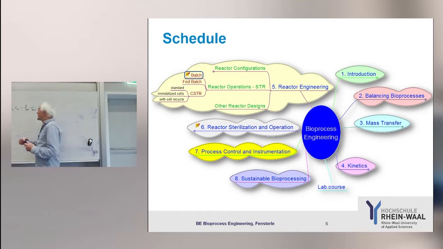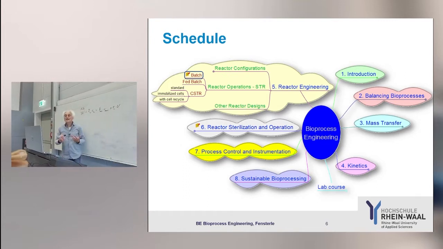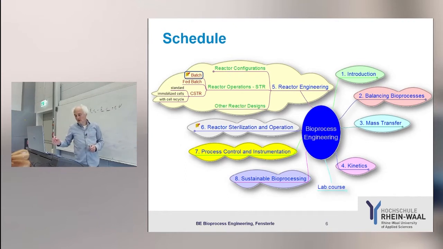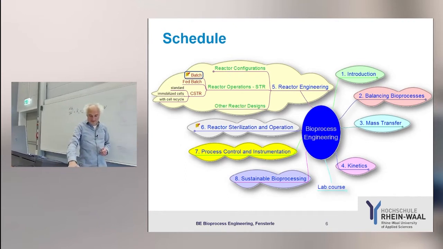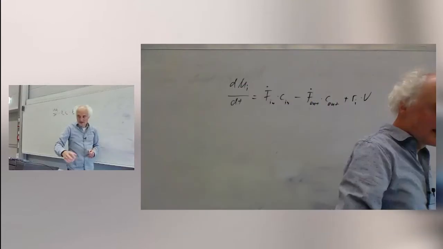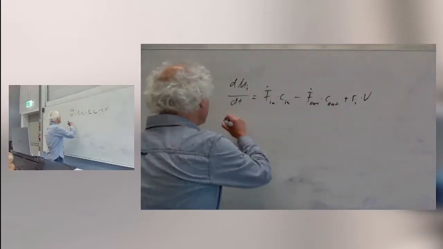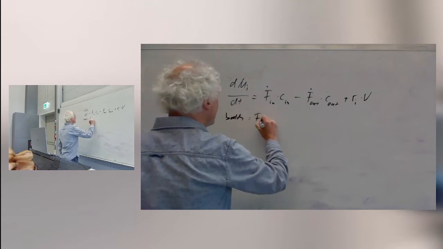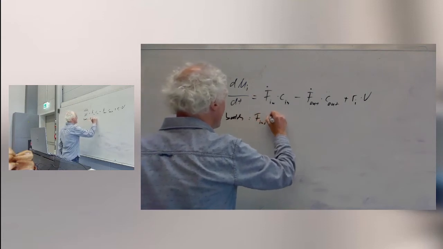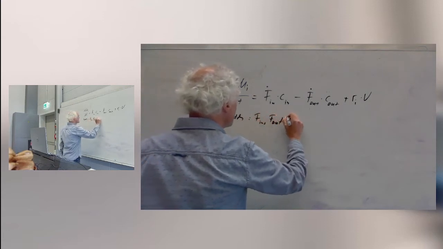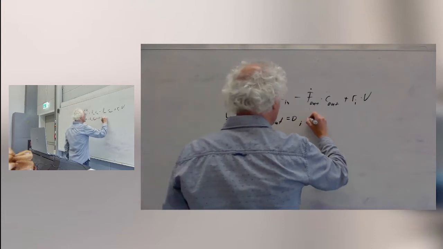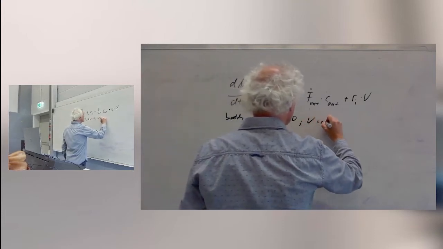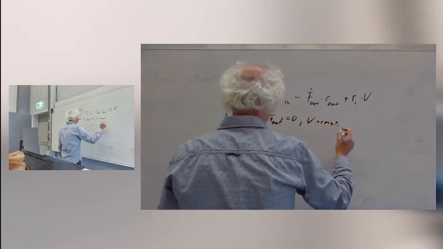You remember that if we look at the biomass here, we did the following. So for batch, F in, F out is equal to 0. Volume is constant.